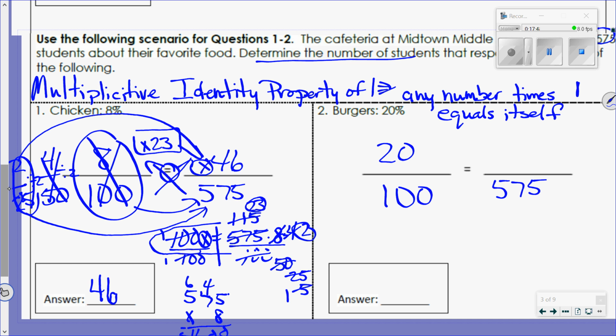How do I step back from 20 and 100? What can I divide by? 5. So if I divide that by 5, that's going to get me 4 and 25. Is 25 going to easily go into 575? Yes? Okay, so what's it going to be? Times 23.